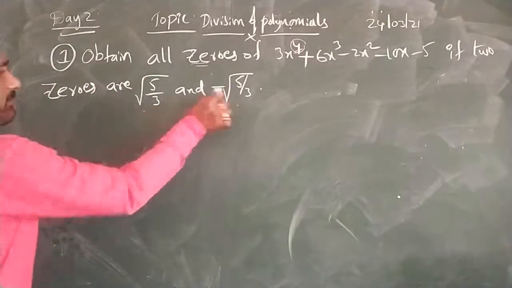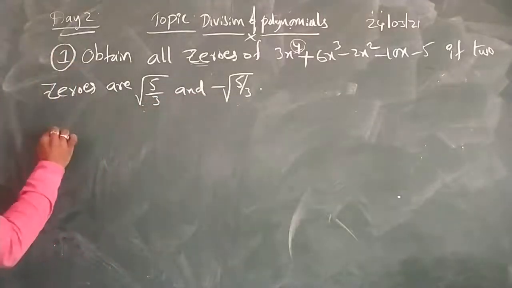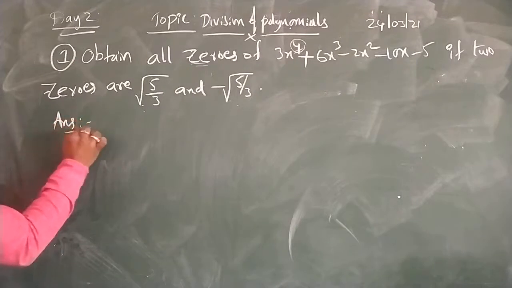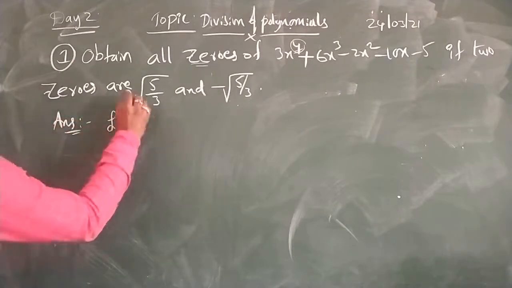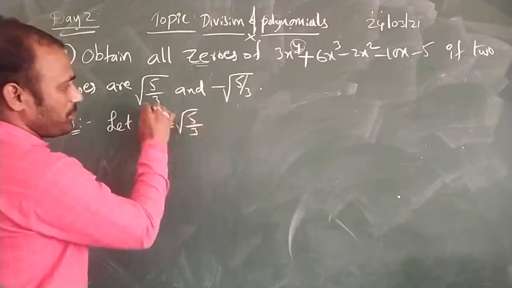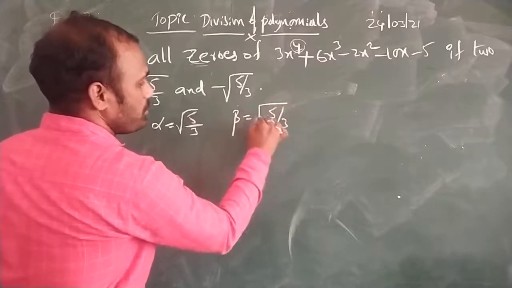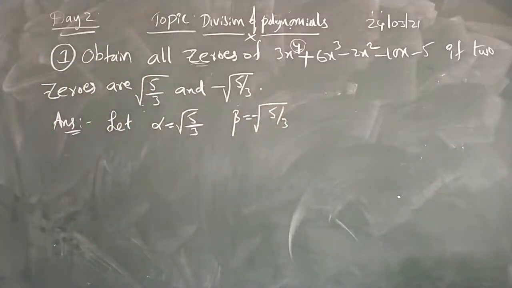Now how can we write these 2 zeros in terms of a polynomial? Alpha is equal to root 5 by 3, the first root, and the second root, beta, is equal to minus root 5 by 3.